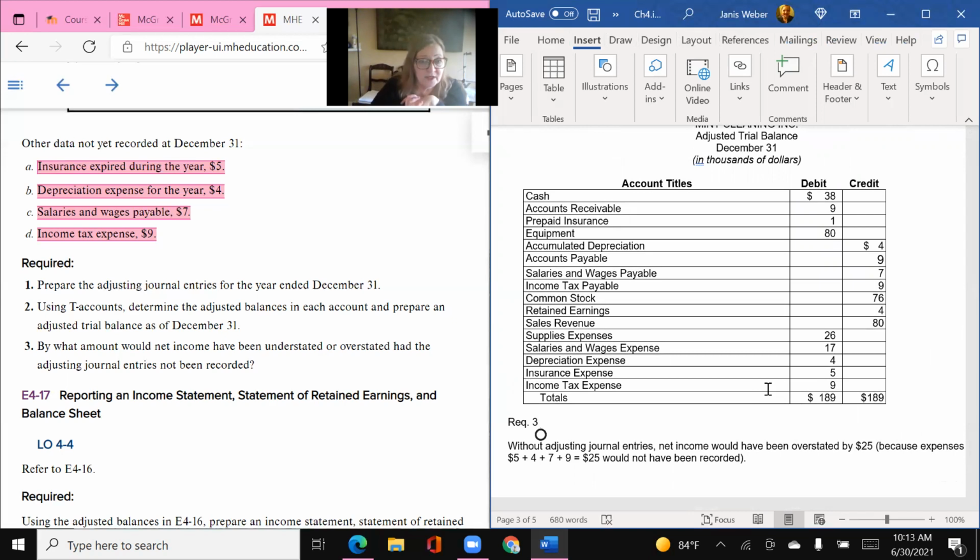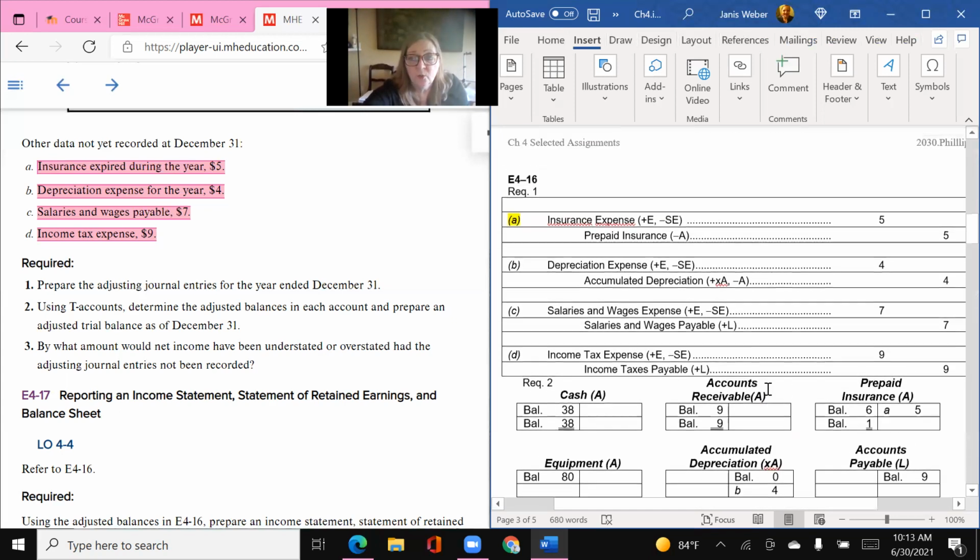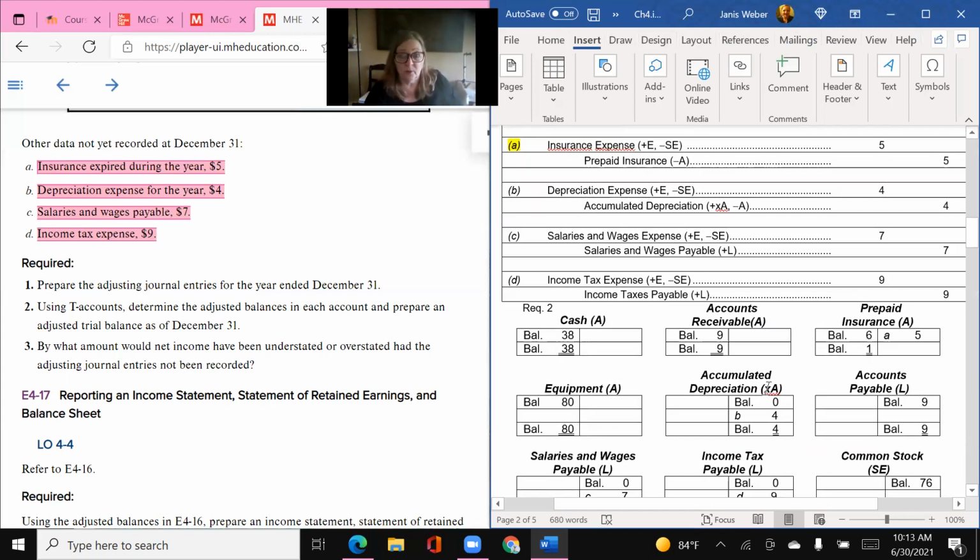Okay, so requirement 3 just asks us, by what amount would net income have been understated or overstated had the adjusting journal entries not been recorded? All that means is, when you made these adjustments, what did you change? We added an expense in every case. Sometimes when you do adjustments, you are changing the revenue as well.